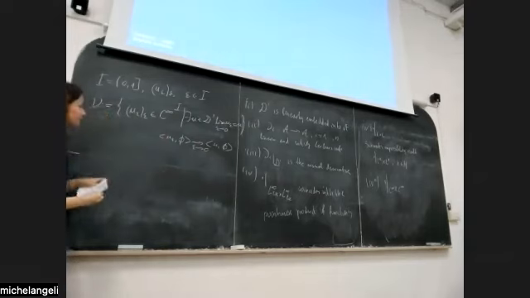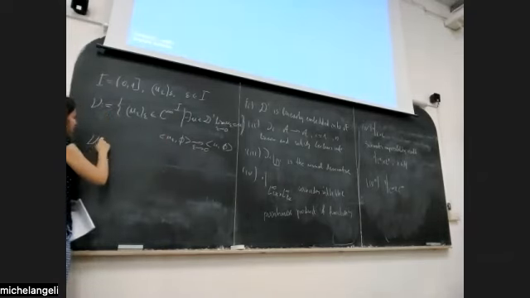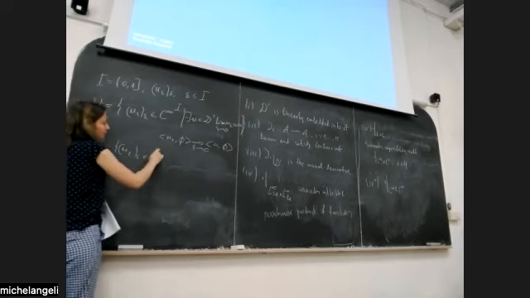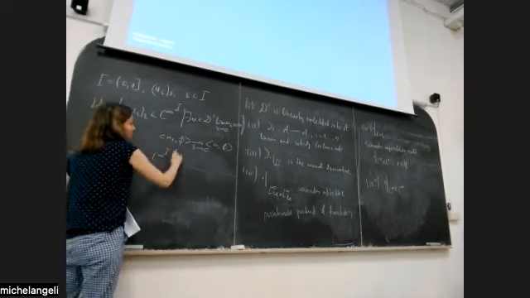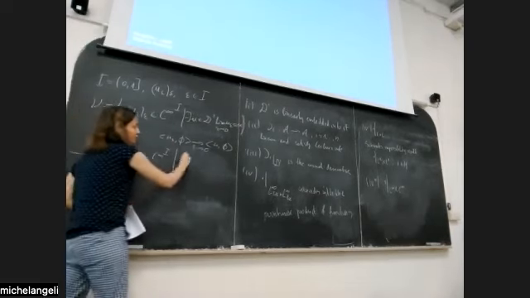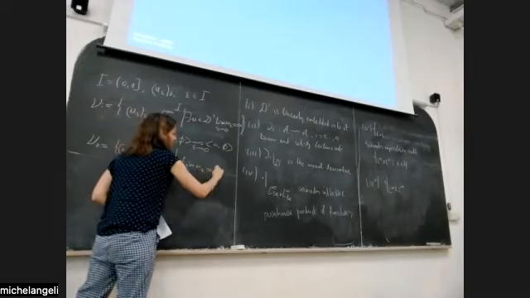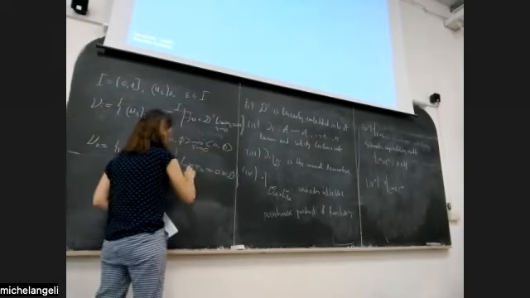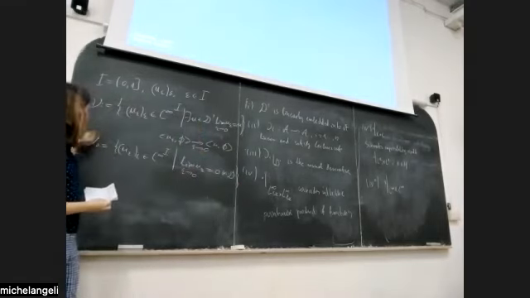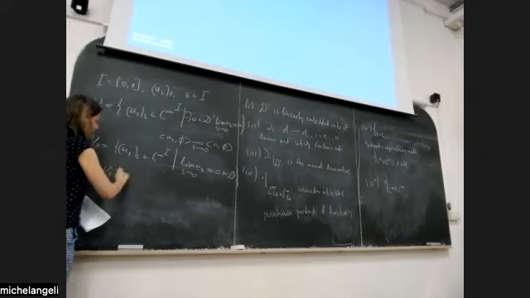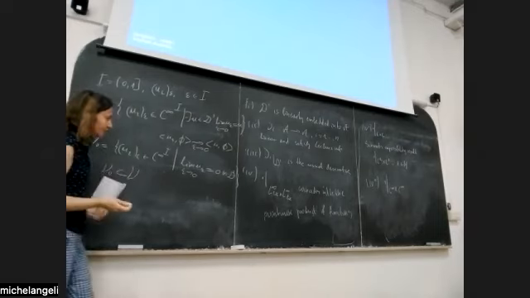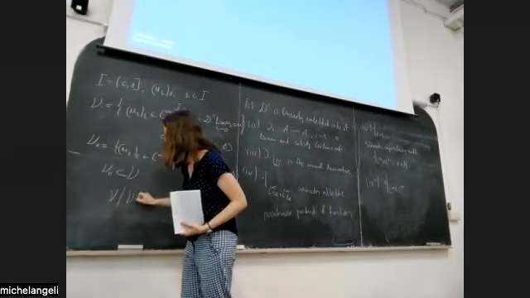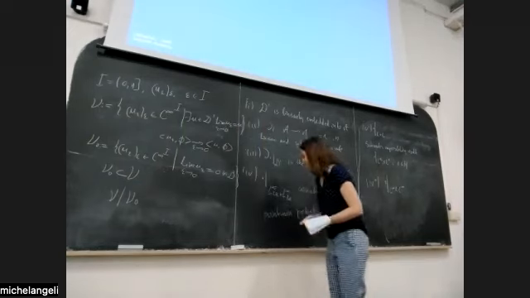So this is the first space we define, and then M0 we define to be again the space of these nets, but this time we assume that the nets converge to 0. And okay, obviously M0 is a subspace of M. And we can look at the factor space M over M0.